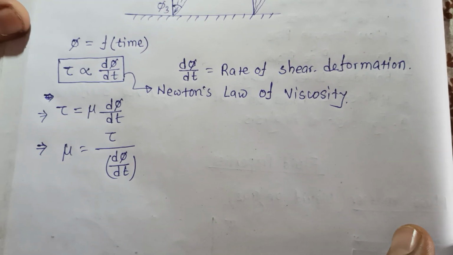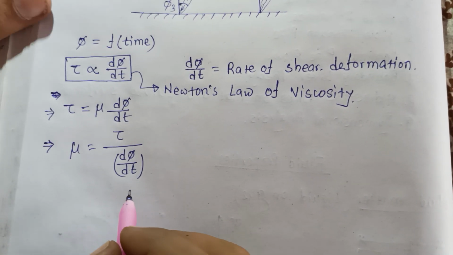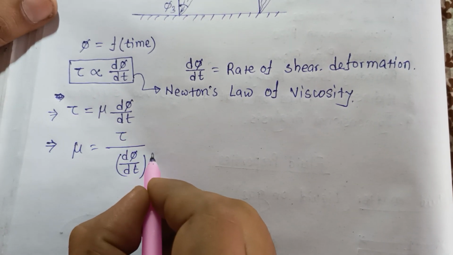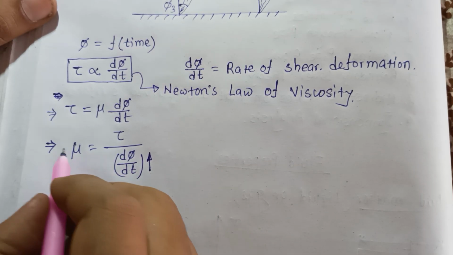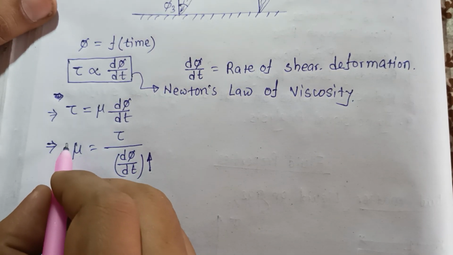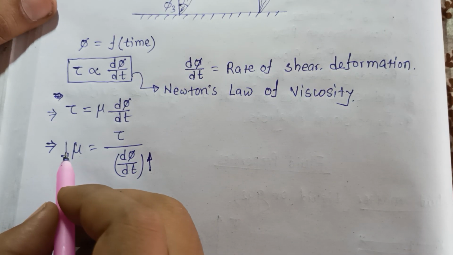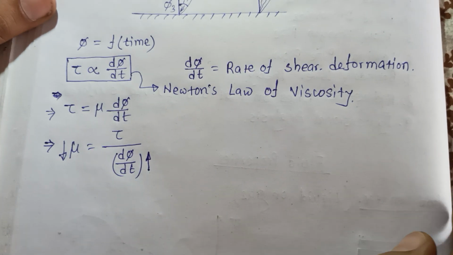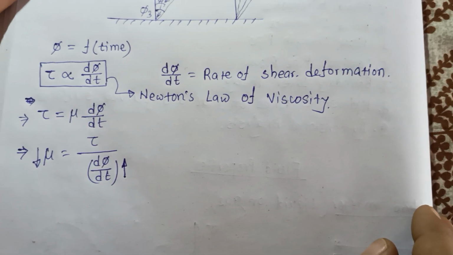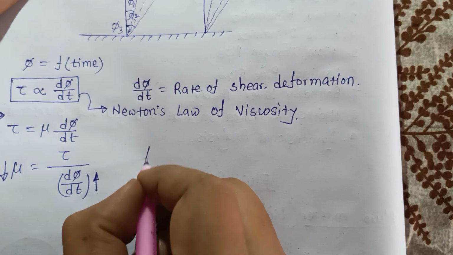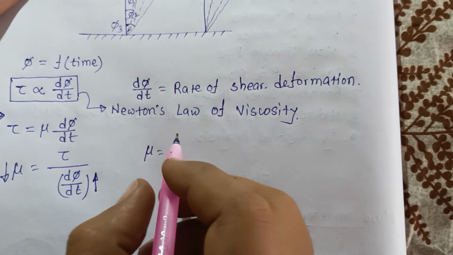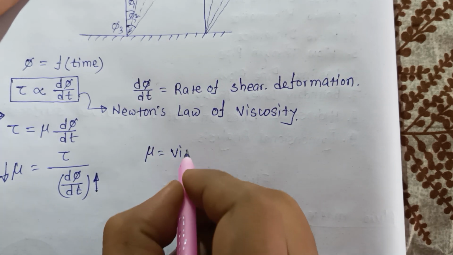So if d phi by dt increases, then what is mu? Mu decreases. So what is mu? Mu is the viscosity, the dynamic viscosity.